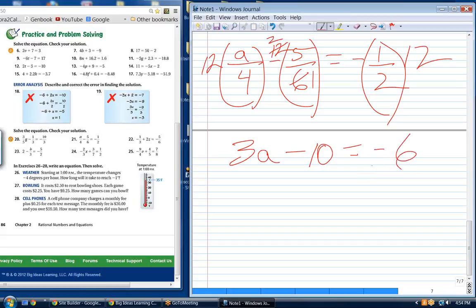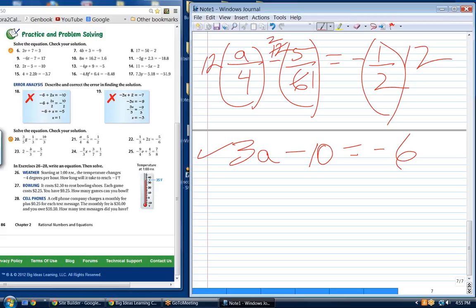Now, you see how in one step we turned a very complicated looking equation into a very simple equation. And we did it a little different than the way you did it the first time. First time you had to move the 5/6 over, and then you had to find a common denominator between 2 and 6, which was 6.